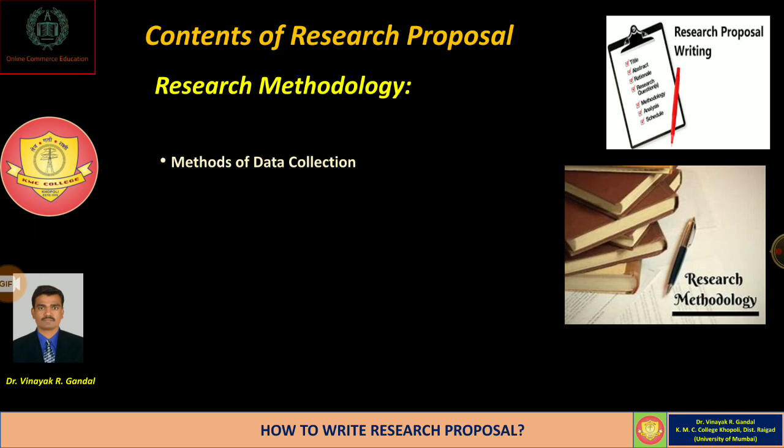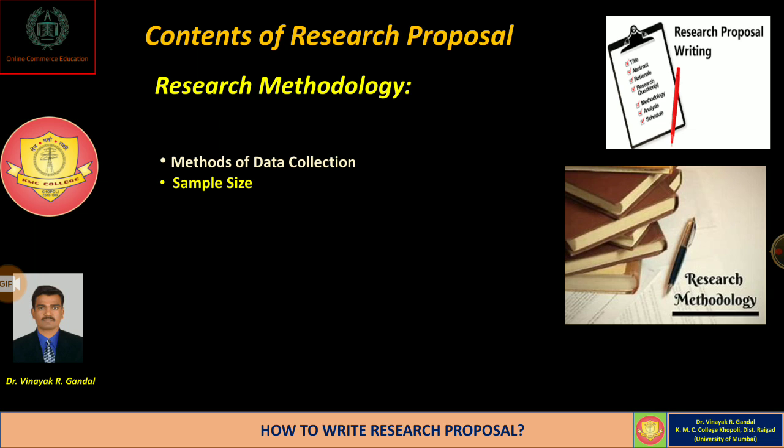So normally the research methodology consists of methods of data collection. Each learner is required to write about various methods of data collection, or whatever methods of data collection are available to undertake the present research project. The researcher is required to write about the methods of data collection, like primary method of data collection or secondary method of data collection.